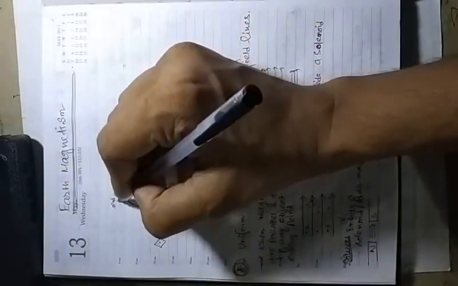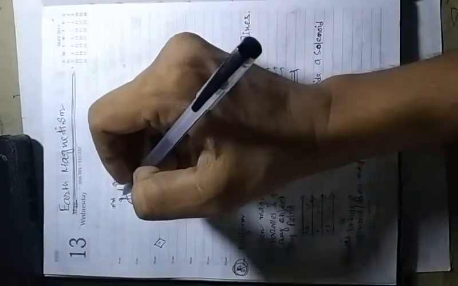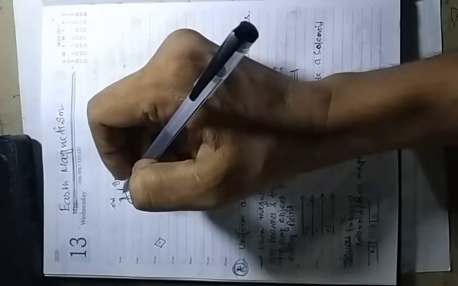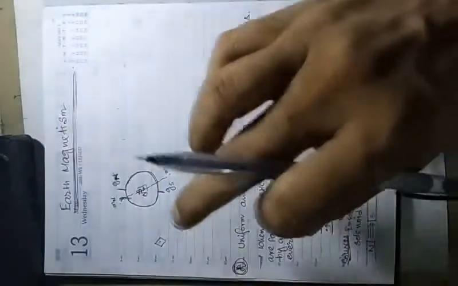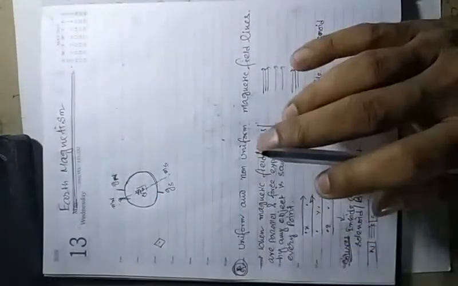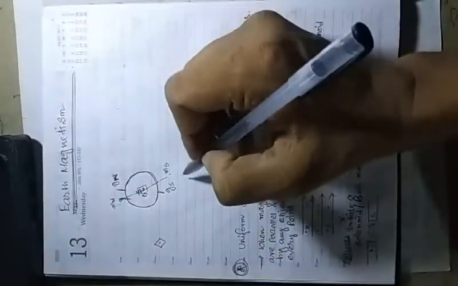That's why it is called the magnetic north pole. When a compass is placed anywhere on the earth, it will align itself in the north-south direction, and that north direction is known as the magnetic north pole, and south is the magnetic south pole.